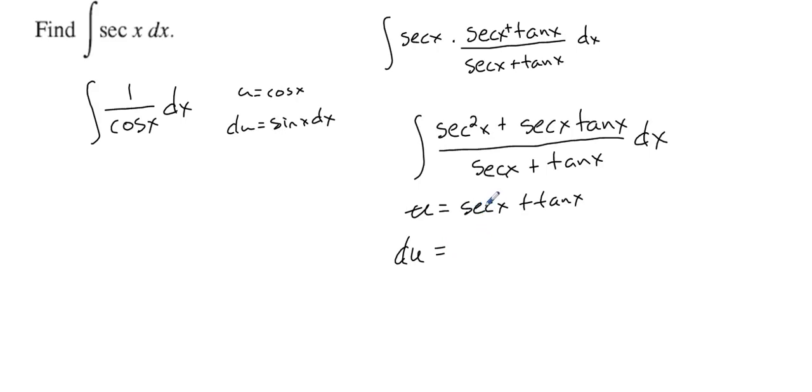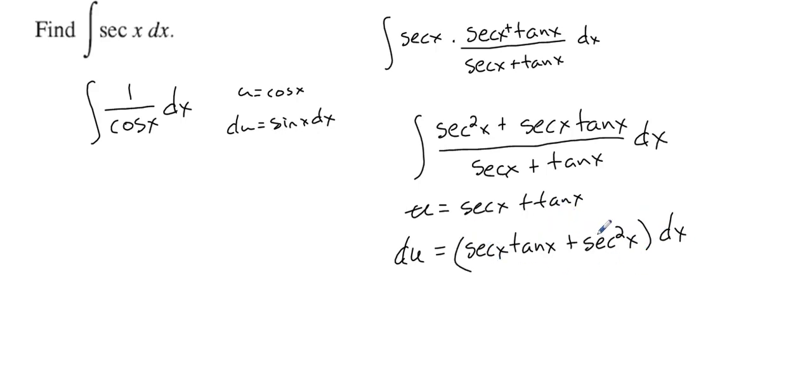Well, the derivative of secant is secant tangent, right? The derivative of tangent is secant squared. They're out of order. That's okay. But we do have these two items. So it'd be secant x tangent x plus secant squared x dx, right?